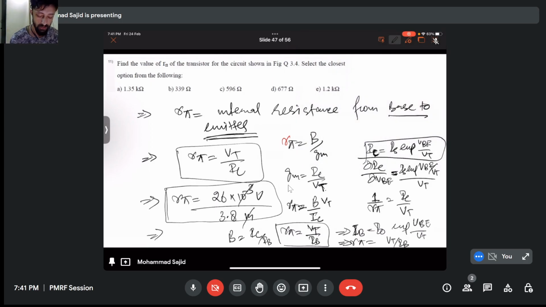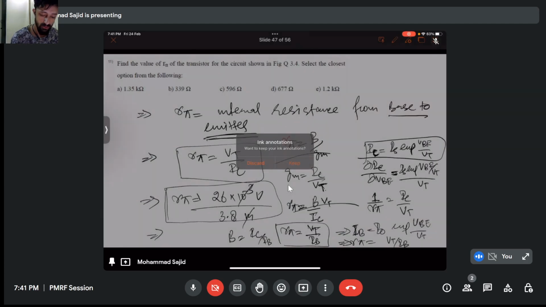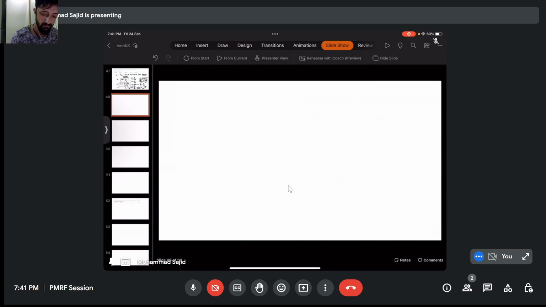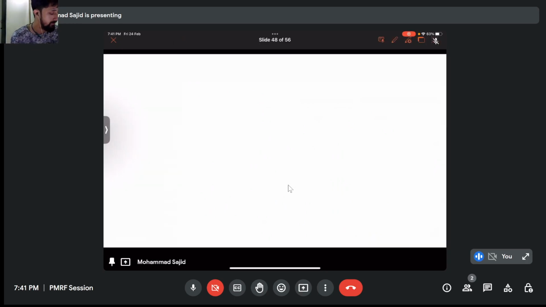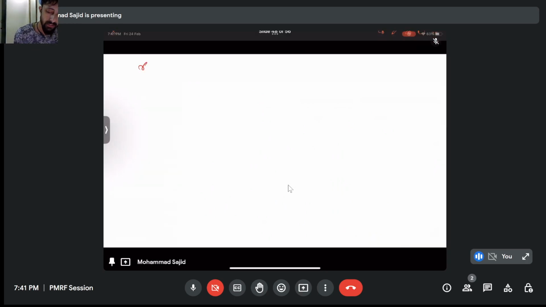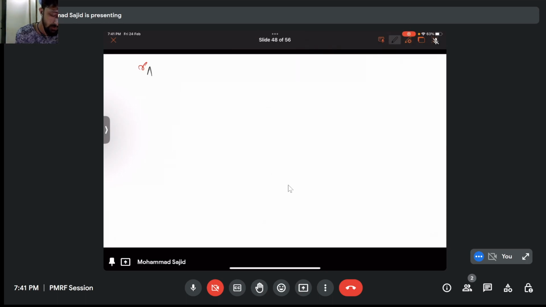Okay, I will do that later. So we got R pi as Vt by Ib. So this is 26 millivolt divided by Ib.